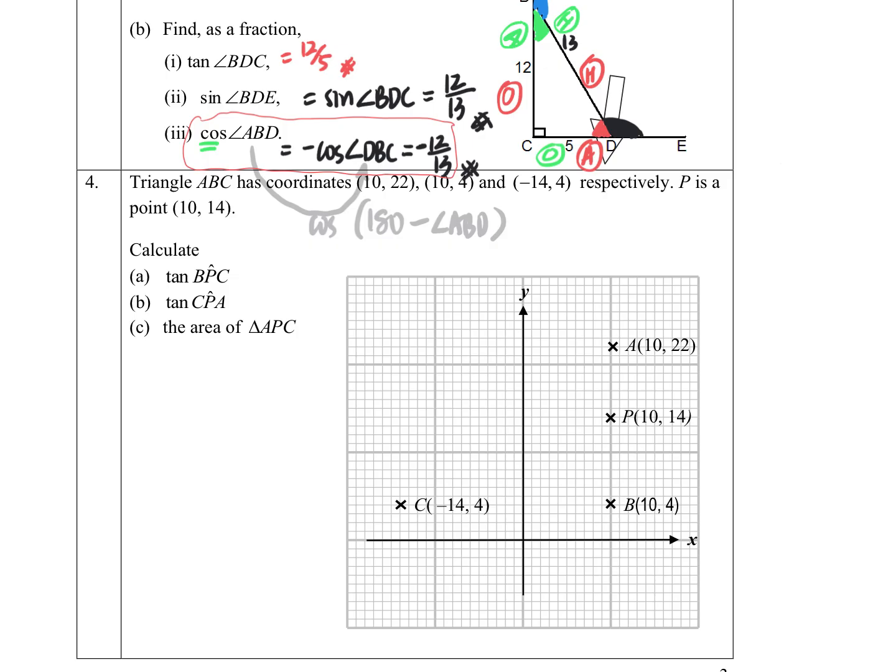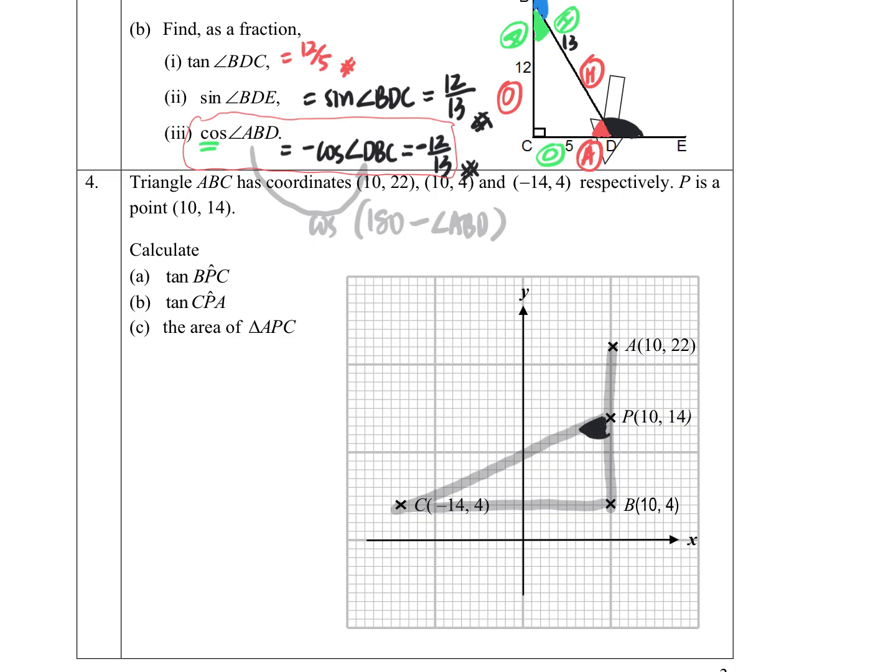If they don't draw the triangle for you, you can draw your own, no problem. Depending on what they want. So they want BPC. Okay, so this is the triangle. BPC. So the angle that they are identifying is this one.